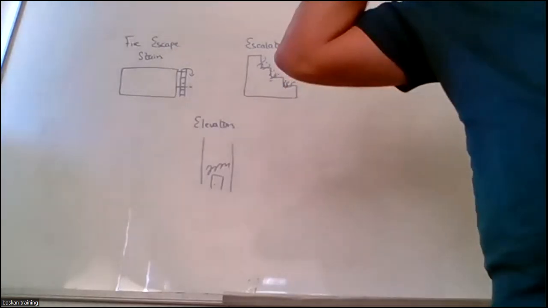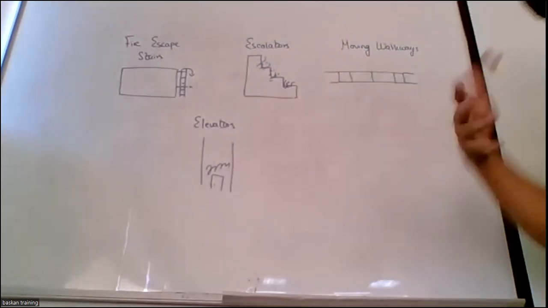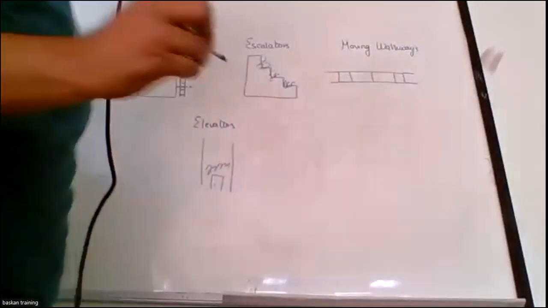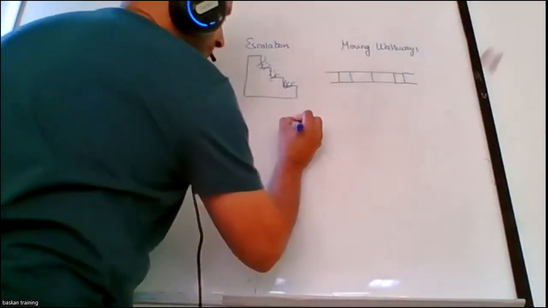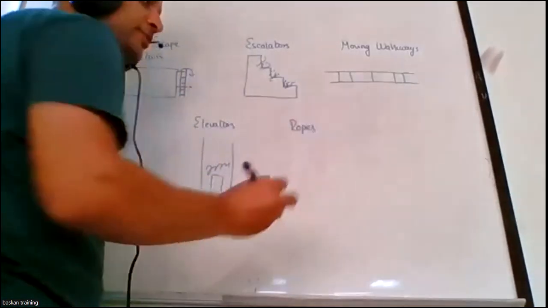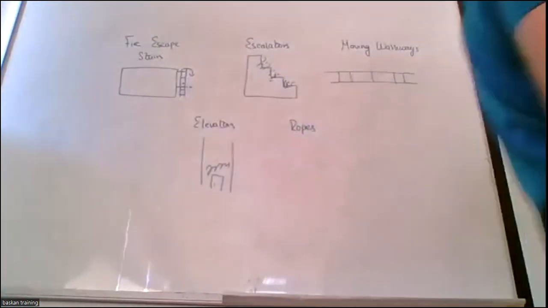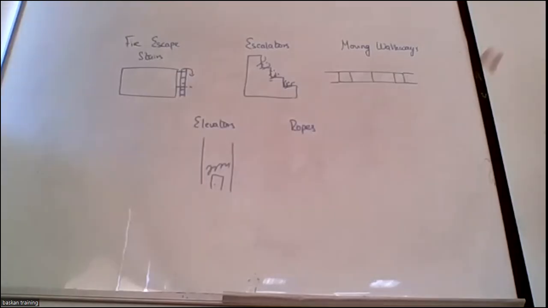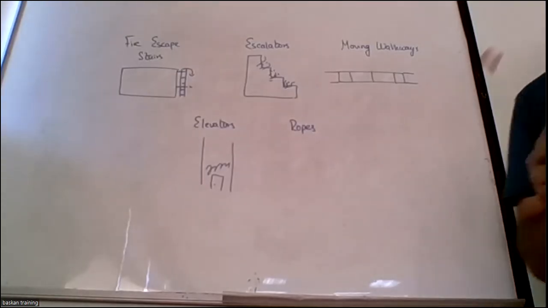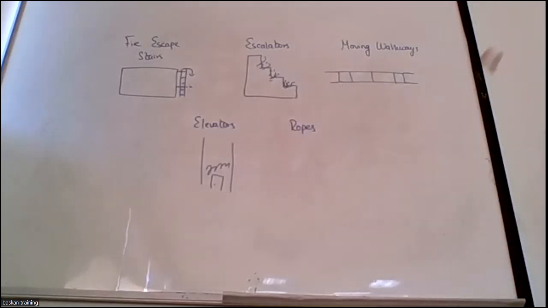Okay, so in the examination, they can also add windows, ropes. Ropes, they are considered as means of egress. Firefighters use ropes for escaping, right? But for people, it's not.